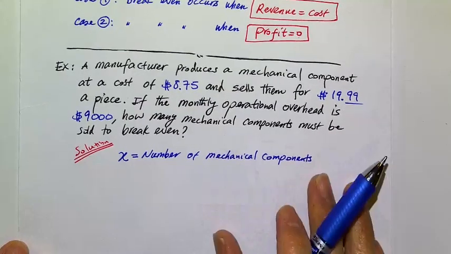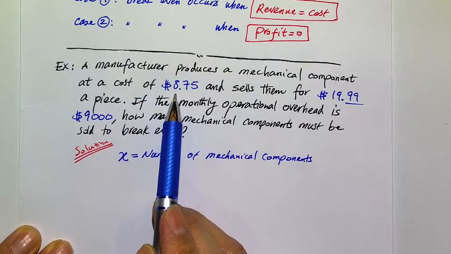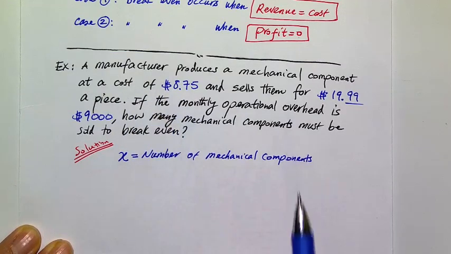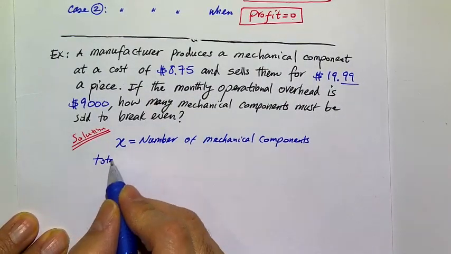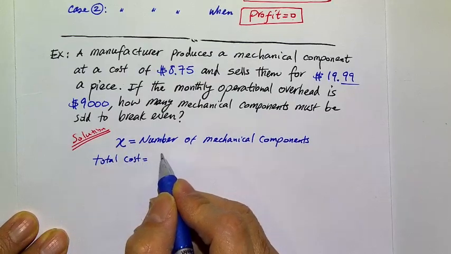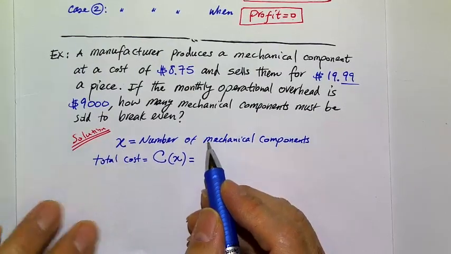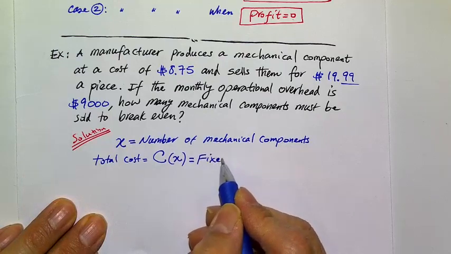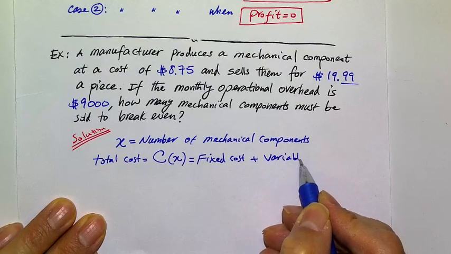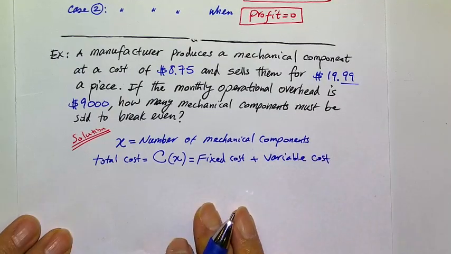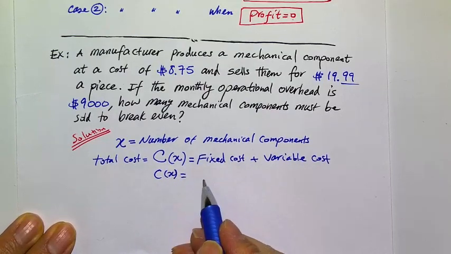Since they're talking about how much this operation is costing the manufacturer, we need to set up a total cost function. I remember in Accounting 101, they talk about the total cost function, and let me call it C for cost as a function of variable X, as being the fixed cost plus the variable cost. That's what they say in Accounting 101, so we're going to write that down. What do we have for fixed cost in this case?